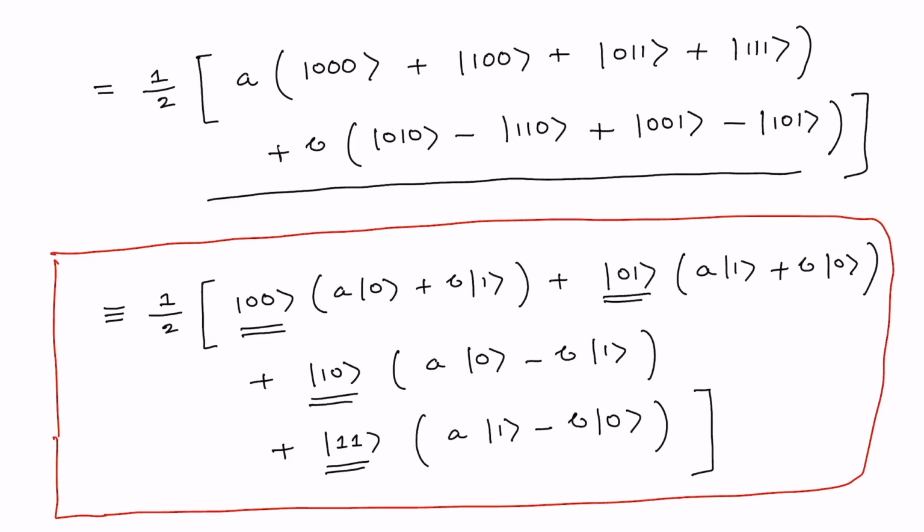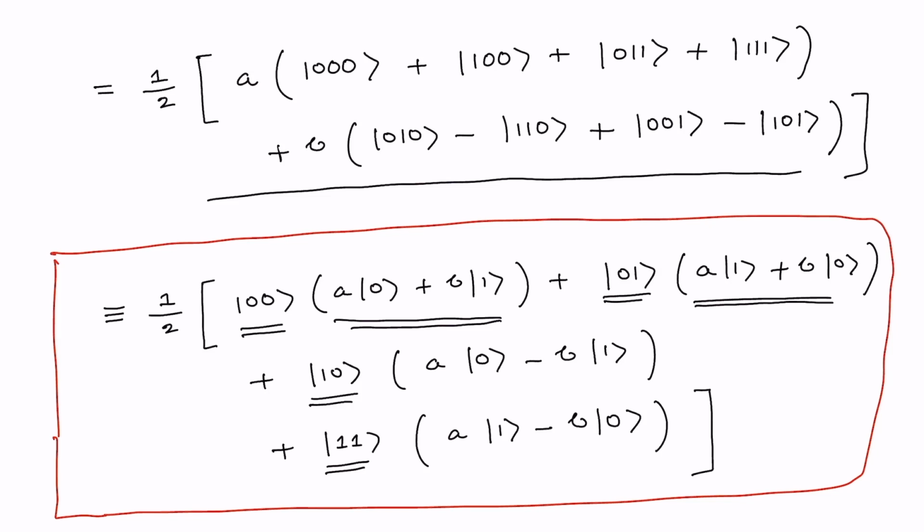And as a result of Alice's operations of CNOT and Hadamard gate, Bob's qubit is also getting affected, and it is turned into a superposition of |1> and |0>.